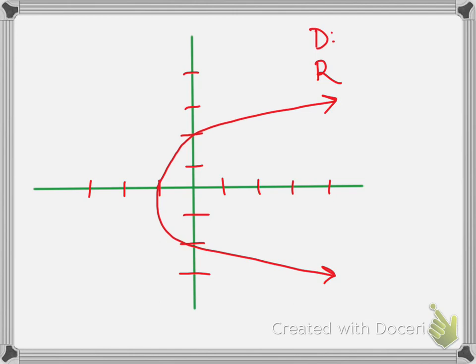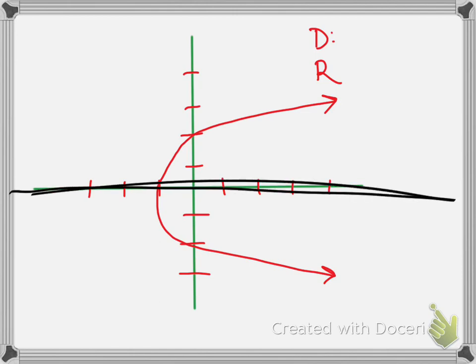So for domain, all I want you to do is look along the x-axis from negative infinity to positive infinity. And I want you to go from left to right, just like we read a book. So from the smallest value, you travel along this x-axis and you tell me where you start to get points for your function. So let me get rid of all these black lines.